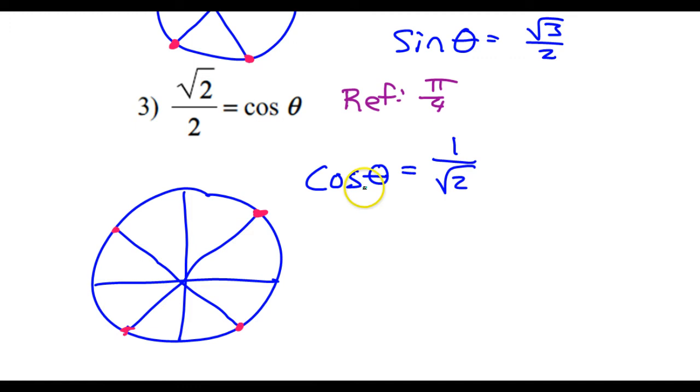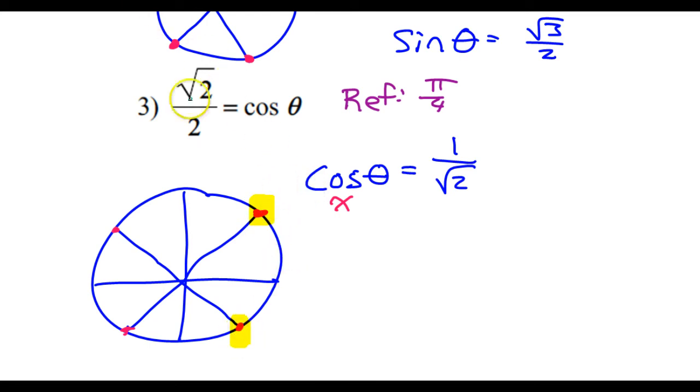Alright, we want the positive version this time, but cosine is the x value, and x values are positive to the right of the y-axis in these 2 quadrants. So these will be the 2 angles that will be our solutions.